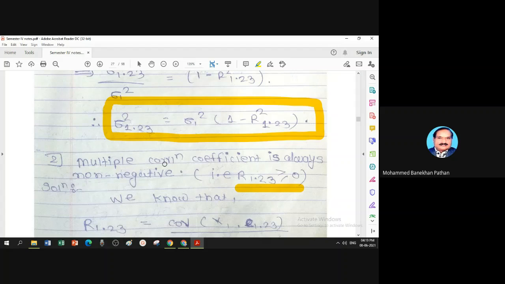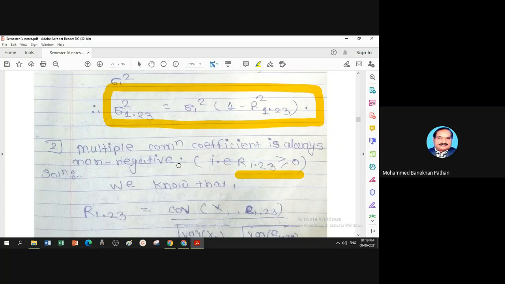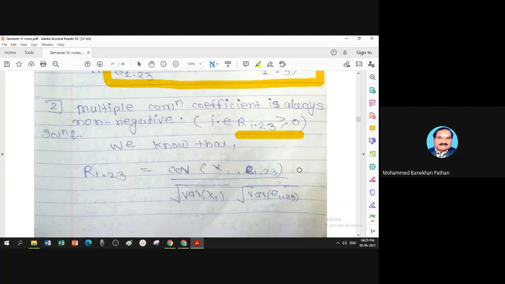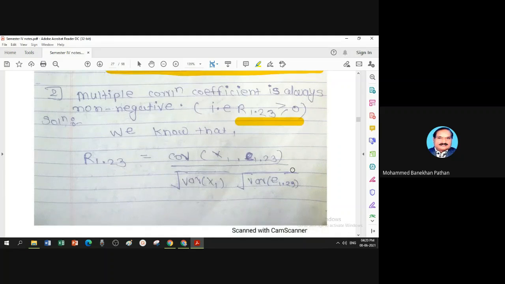That means the correlation coefficient may be negative, sometimes positive, but always a fraction, not greater than 1. But in today's topic, we are studying the multiple correlation coefficient, and its limit is never negative. It is always a positive quantity. See the proof of why it is a positive quantity.